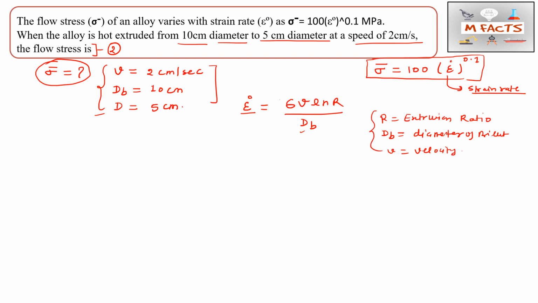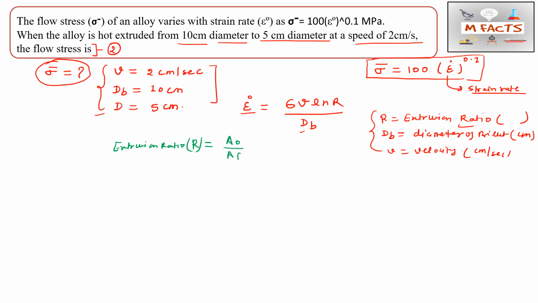So v will be in centimeter per second, dB will be in centimeter, and the extrusion ratio, because this is a ratio, has no unit. But there is a way of finding this R value. Extrusion ratio is equal to initial area by final area.